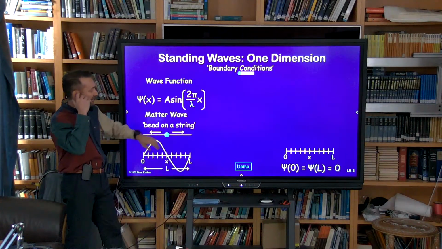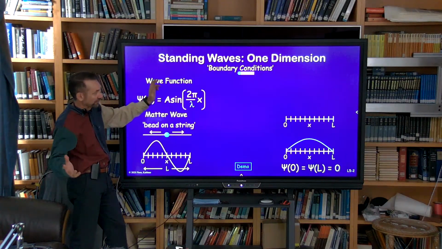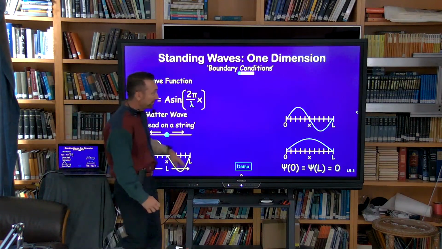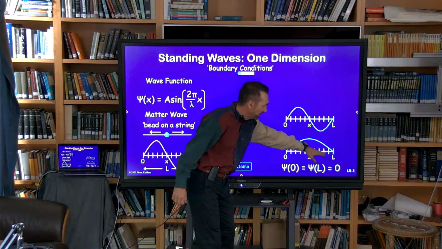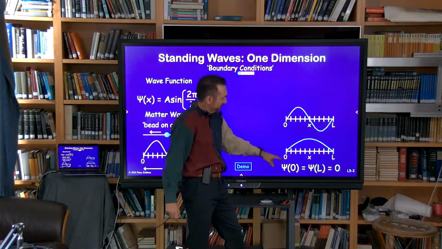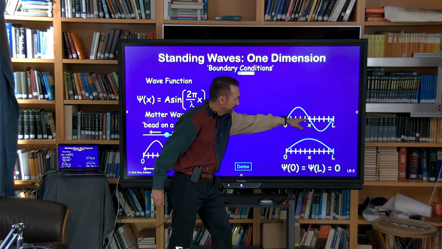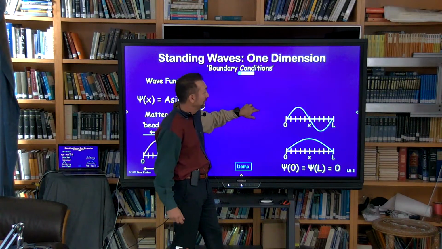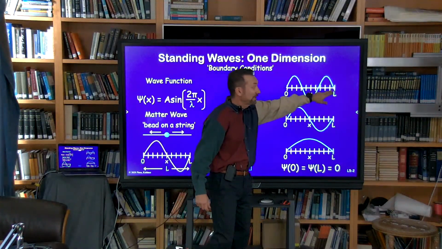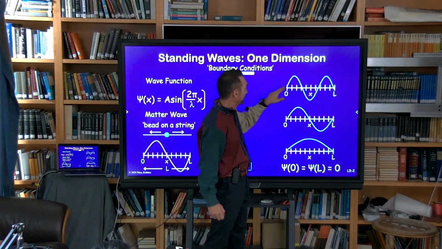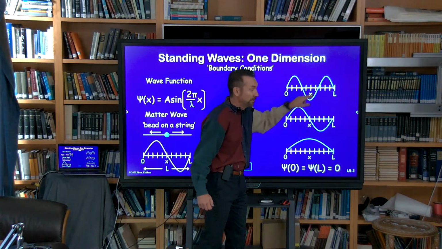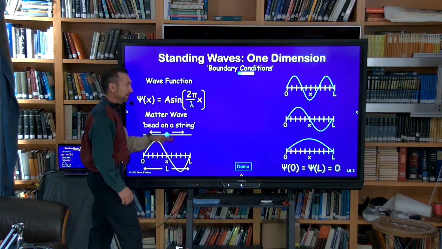So let's look at how that evolves quickly, just in pictures. We saw already we could get half a wavelength, solves that. A full wavelength solves 0 at both ends, but introduces a 0 in the middle. And 1.5 wavelengths worked. 0, 0, but now 2 zeros in the center.